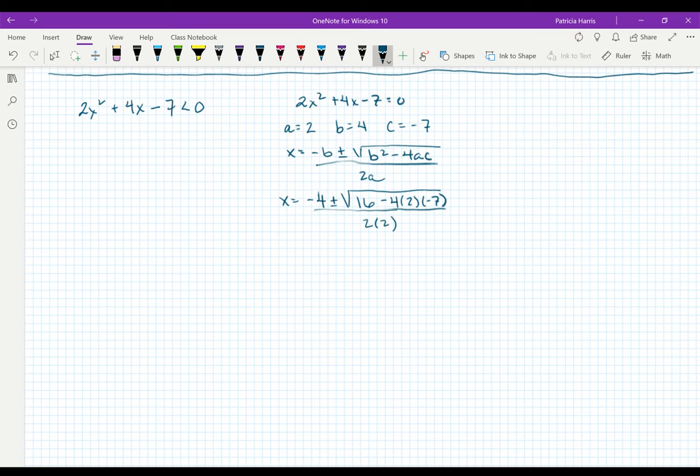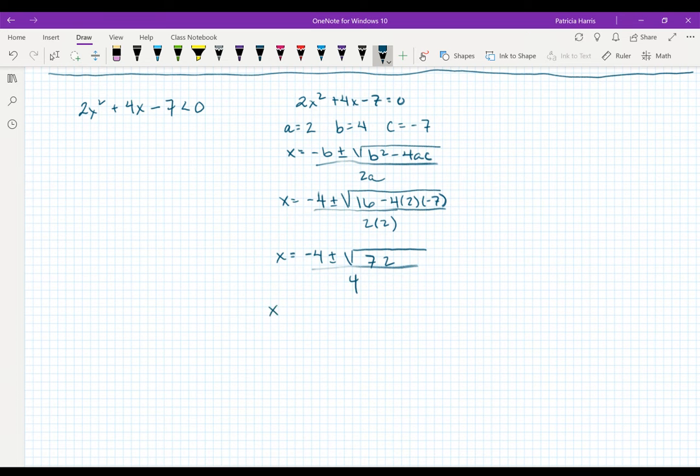Okay. All right, let's see what that is. So 16, that would be plus 56, 72 over 4. Okay, so I'm going to try to simplify the square root as much as I can.